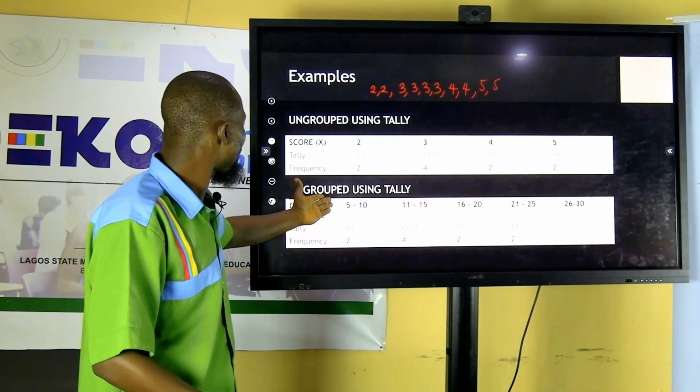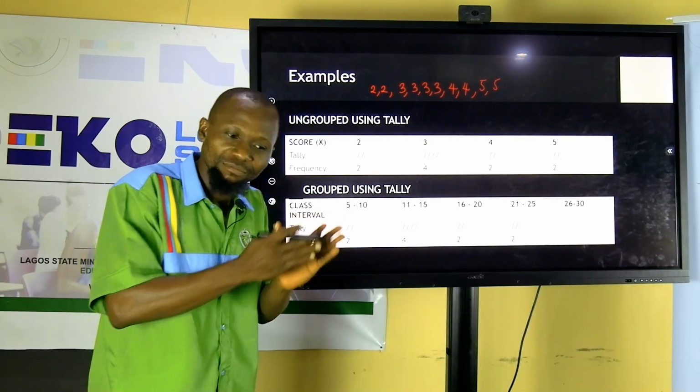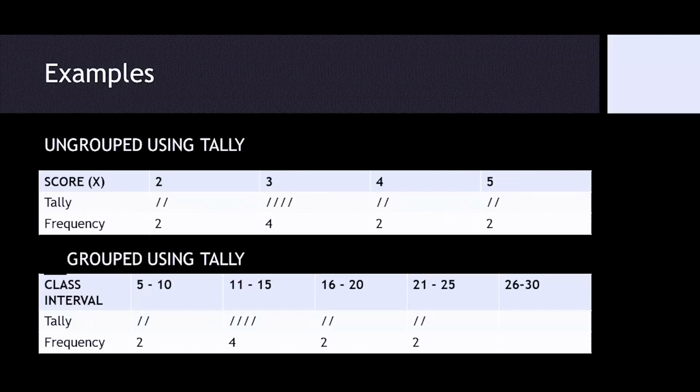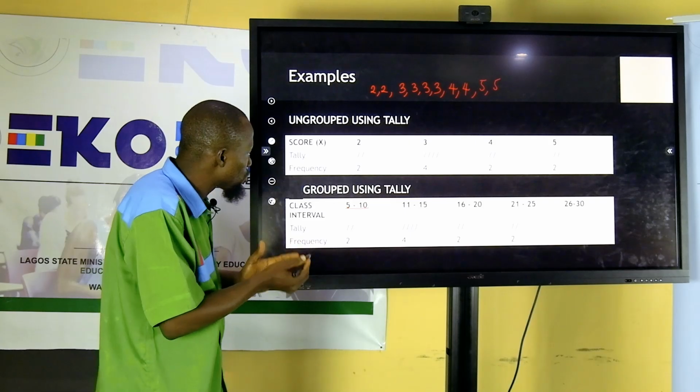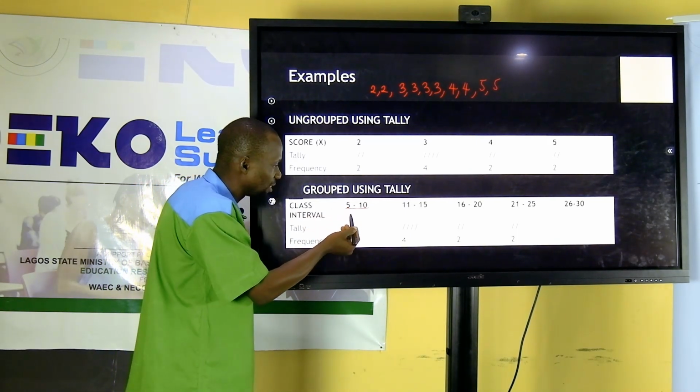So we also have another, and this one is grouped data, because I have a set of numbers and I need to group them, which we have done here. Here I have 5 numbers from 5 to 10. So in the set of data, it could be 6, 7, 8, 9, or 10.